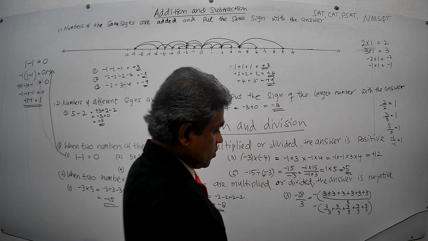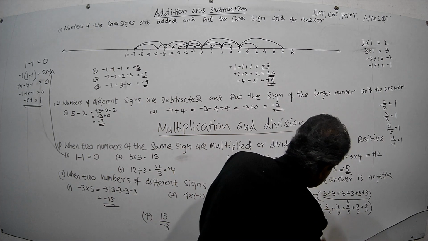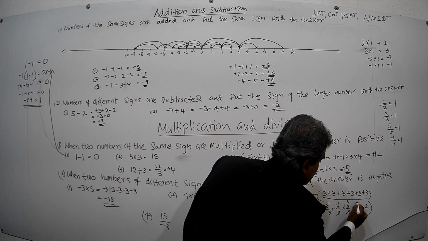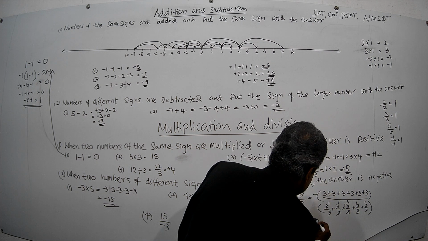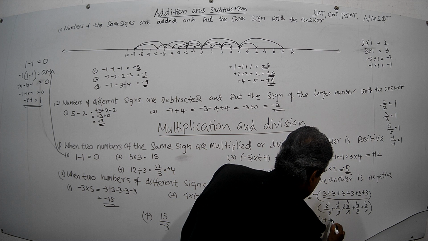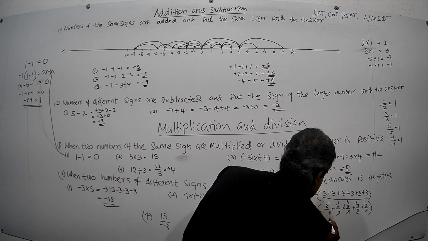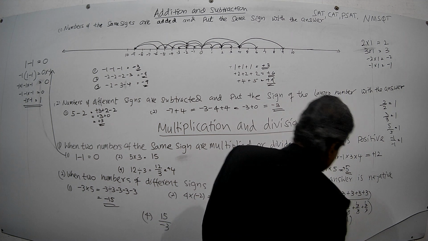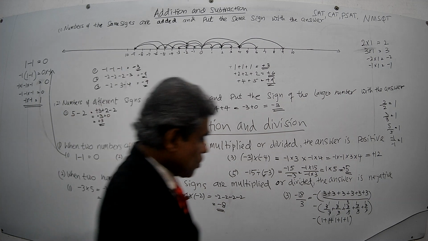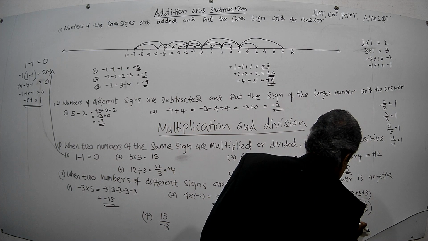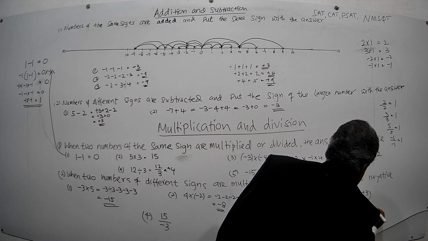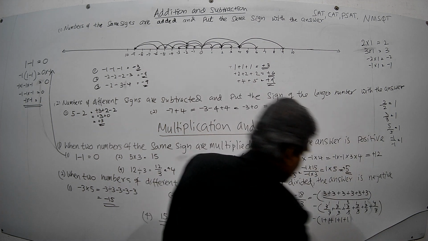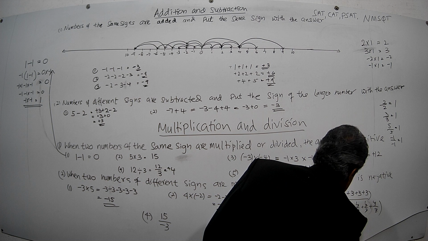Now divide: 1, 1, 1, 1, 1. Then you get minus, 1 plus 1 plus 1 plus 1 plus 1 plus 1.